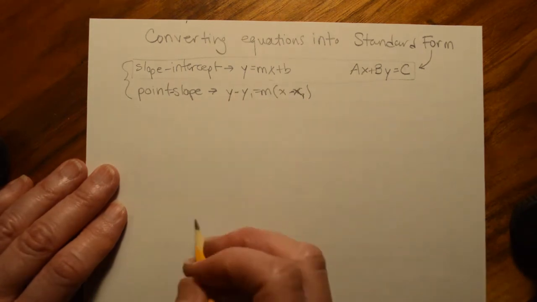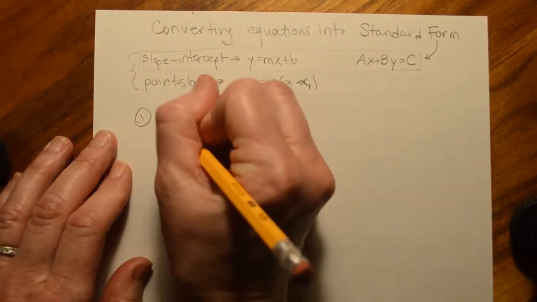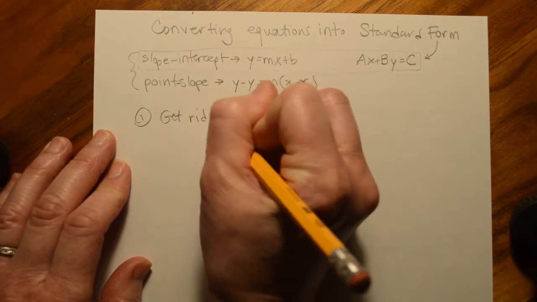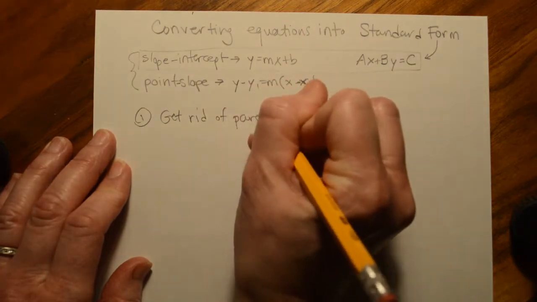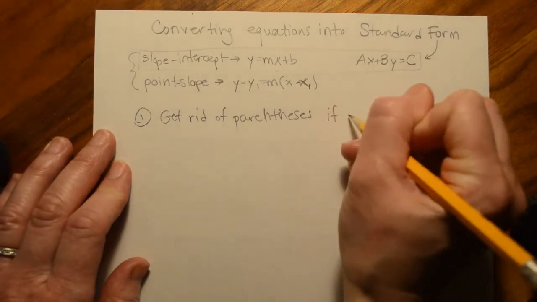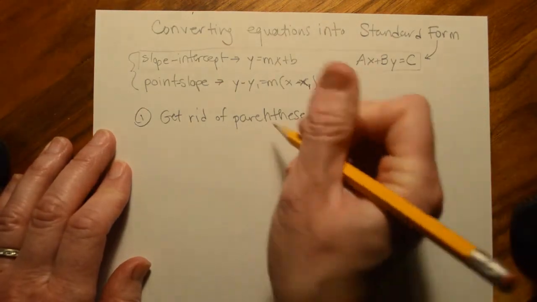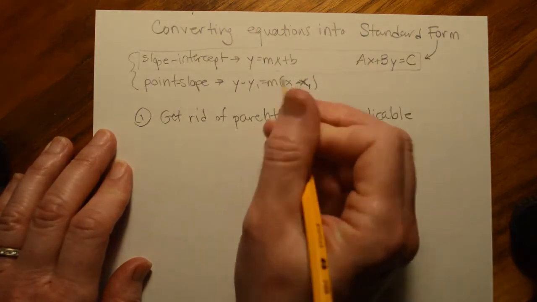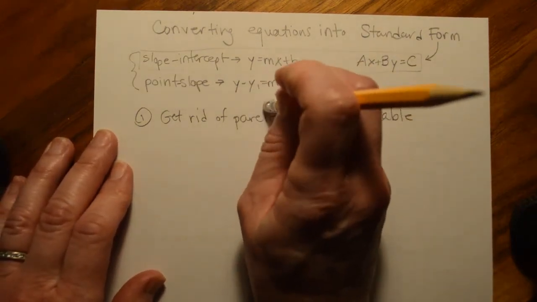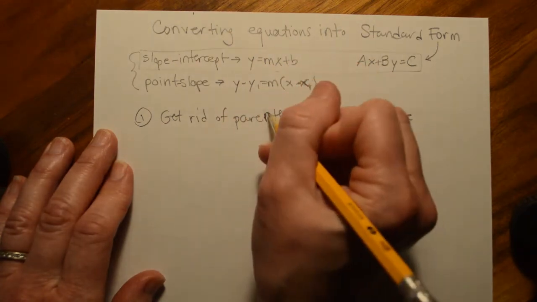So if I were to write a list of steps for you, the first thing I would say is get rid of parentheses if applicable. Okay. If you're starting with this, you won't need to do that. But if you start with the point slope form, you will need to get rid of parentheses. So that would be probably the first thing I would do.